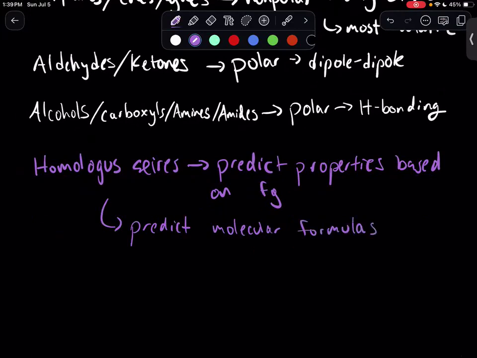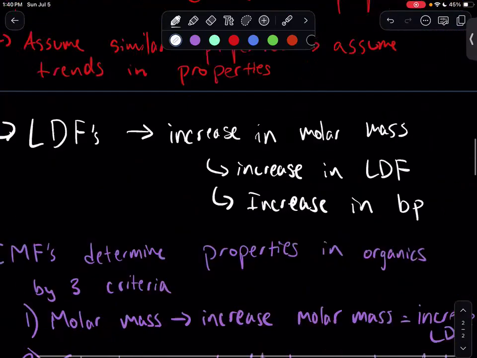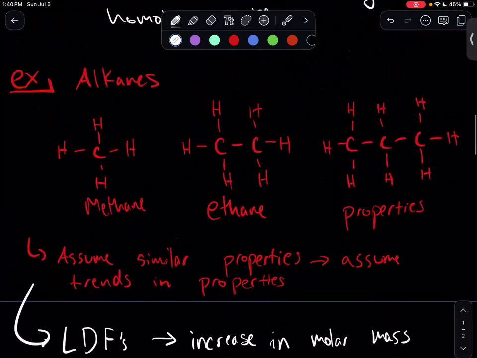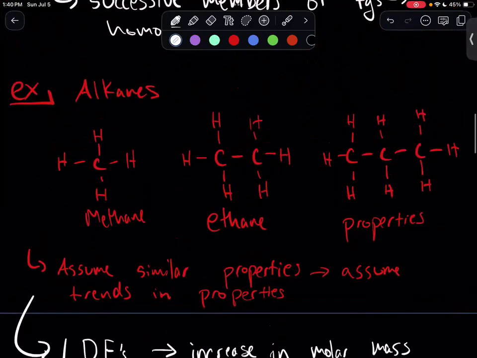A good example might be the alkanes, alkenes, and alkynes. Those are always the easy ones to go to. For this, I'm going to scroll all the way back up to our alkanes over here.